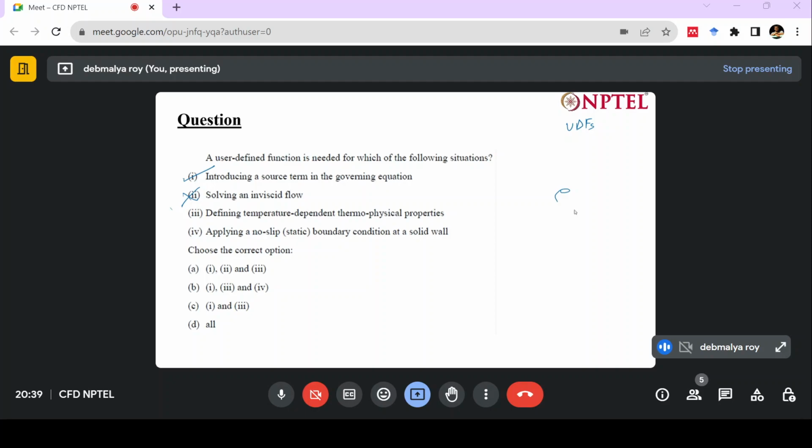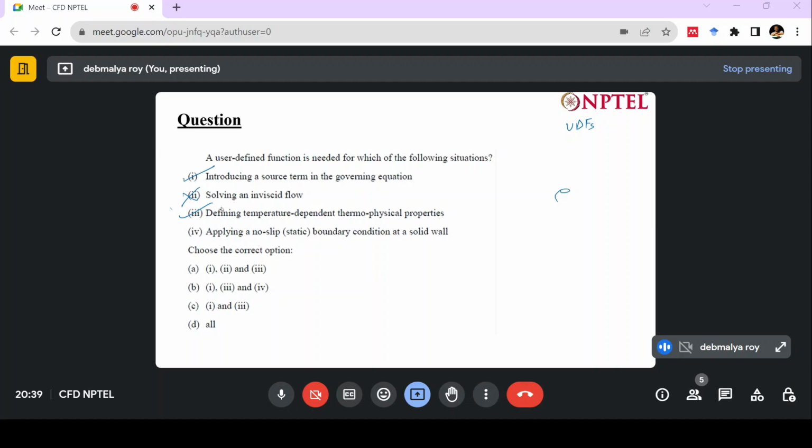Or you want to change the viscosity also with temperature. If you want to define this kind of thing, then you have to use user-defined inputs to change these properties. So for this also, UDFs are needed.